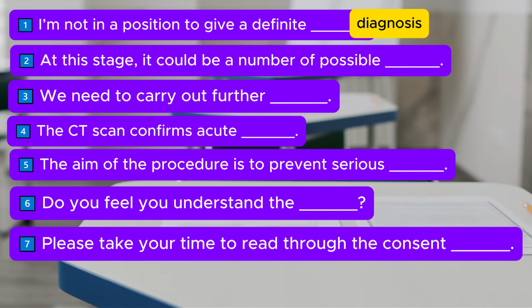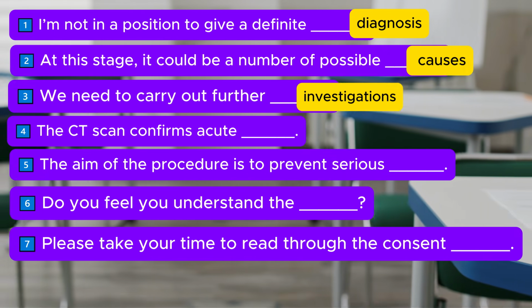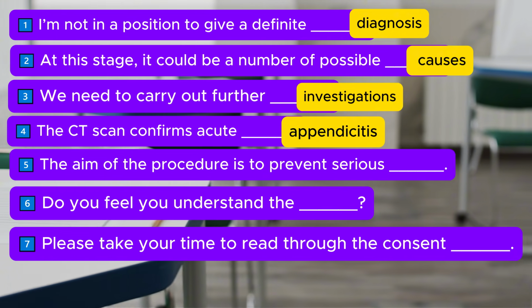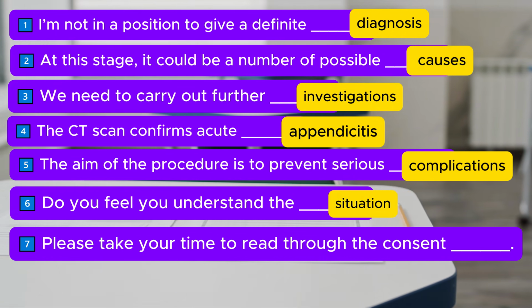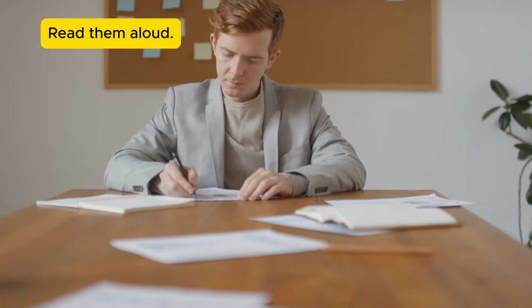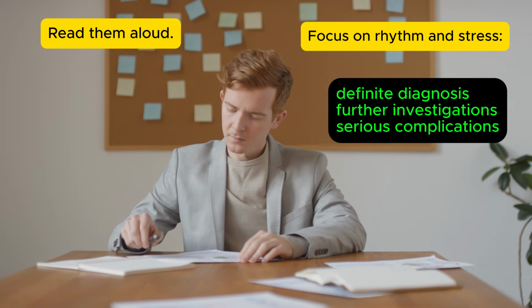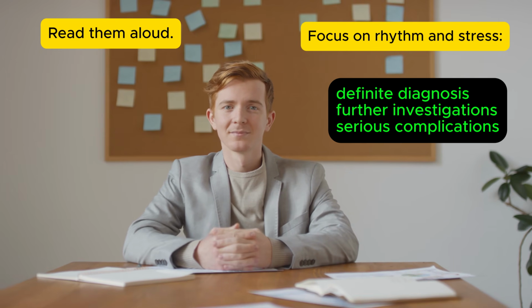Answers: 1. Diagnosis. 2. Causes. 3. Investigations. 4. Appendicitis. 5. Complications. 6. Situation. 7. Form. Read them aloud. Focus on rhythm and stress. Definite diagnosis. Further investigations. Serious complications.